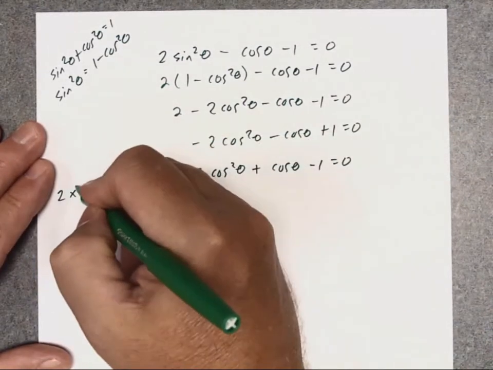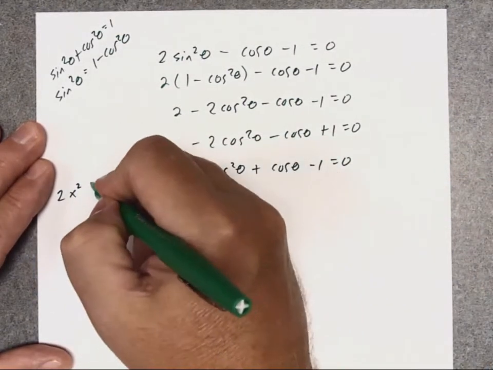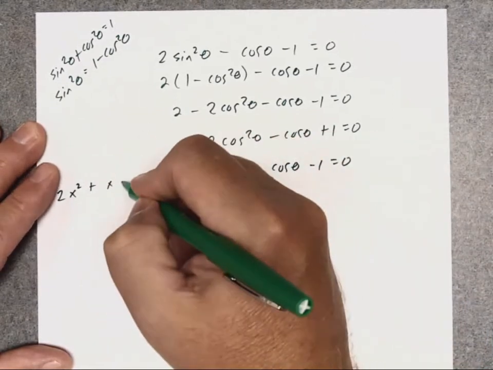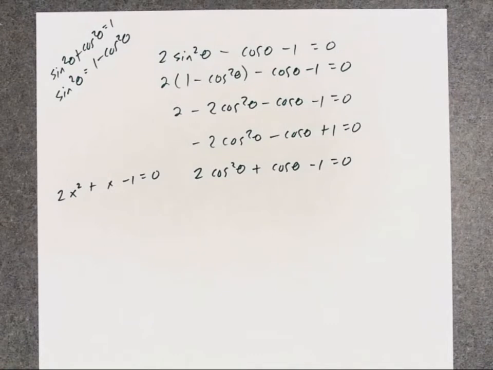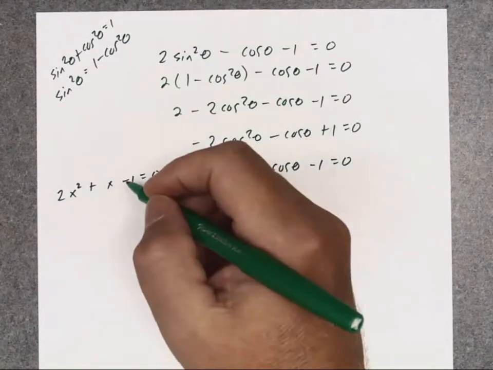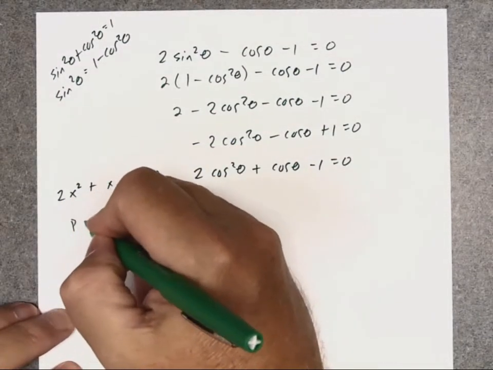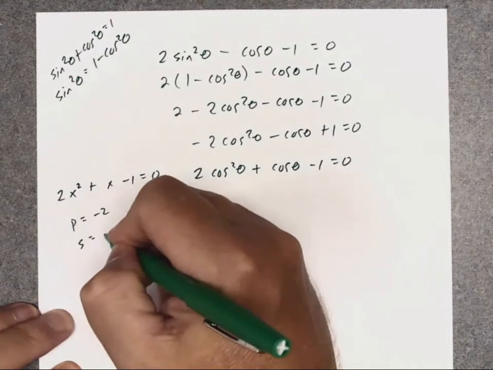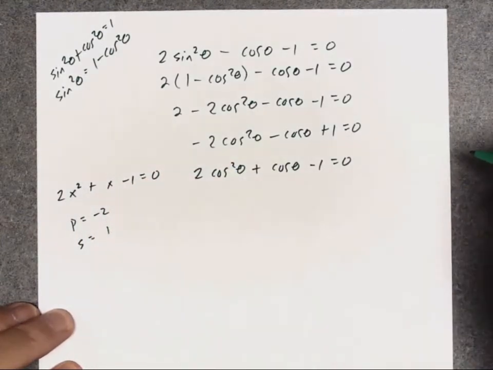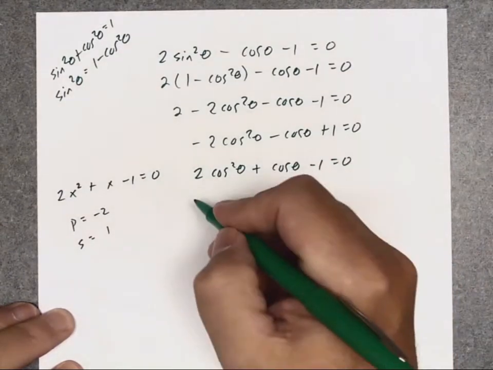This is really like factoring 2x squared plus x minus 1. In other words, think of that whole cosine as like your variable. The whole trig function is like your variable. Now, does this factor? Well, if I do product sum, my product would be minus 2. My sum would be 1. How about 2 and negative 1?